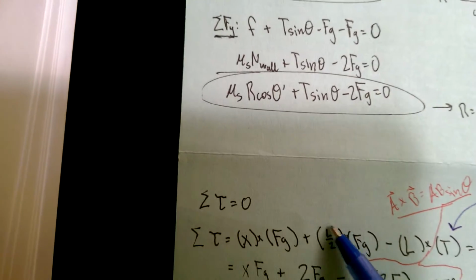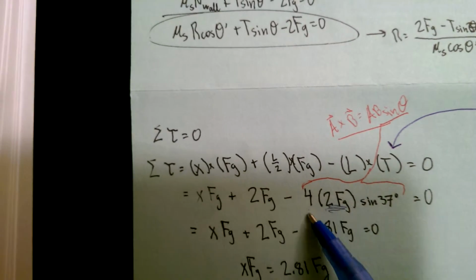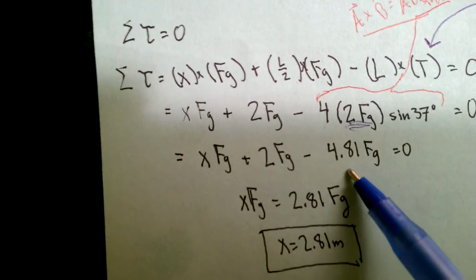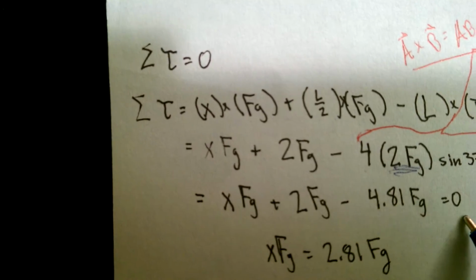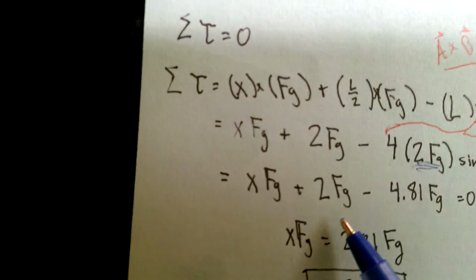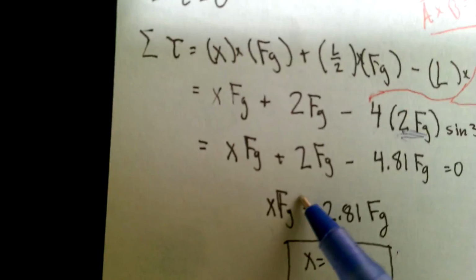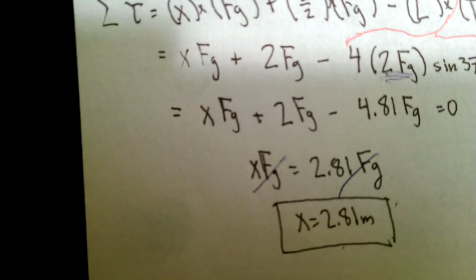So you just plug that in here, and L is the length of the rod, and L over 2 is also the midpoint of the rod, so you just do 4 over 2, and that reduces to 2. So when you plug in sine 37 and multiply that by 4 and 2, you should end up with 4.81, and everything's in terms of Fg, so Fg will cancel out eventually. If you isolate x, you should end up with x Fg equals 2.81 Fg, and then the Fg's cancel out, and you're just left with 2.81. That's it.